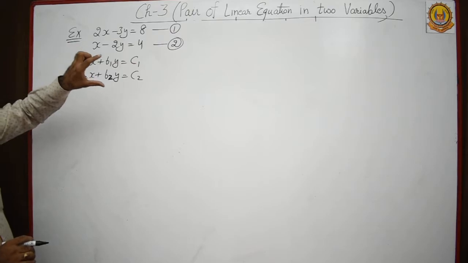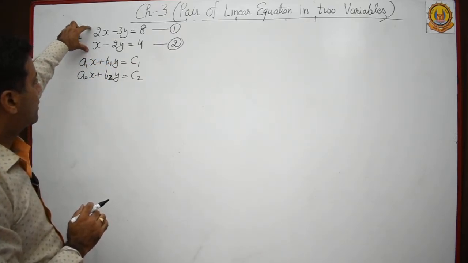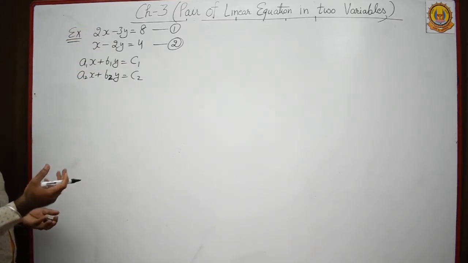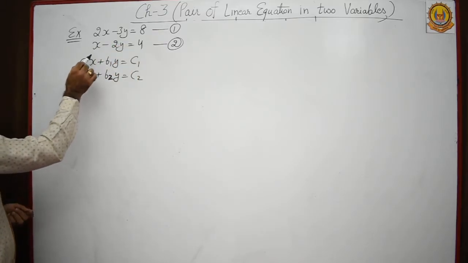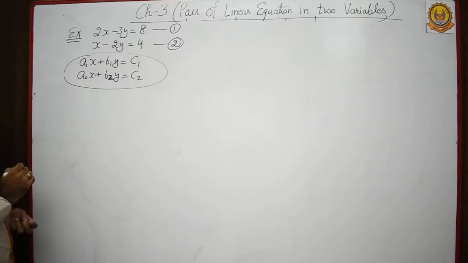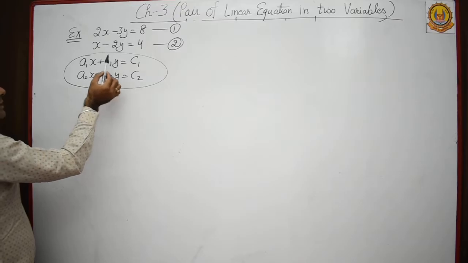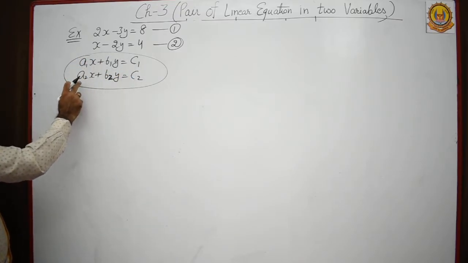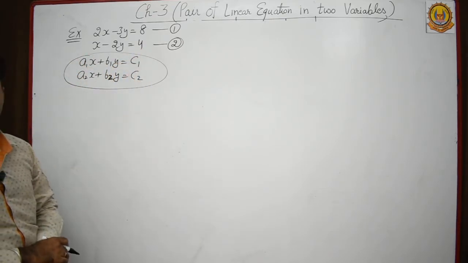Which type of graph do I have to make of these equations? I can check what kind of graph I can make with the help of these equations. Here a1, b1, c1, a2, b2, c2 are the coefficients. a1, b1, a2, b2 are the coefficients of x and y, and c1, c2 are the constant terms.